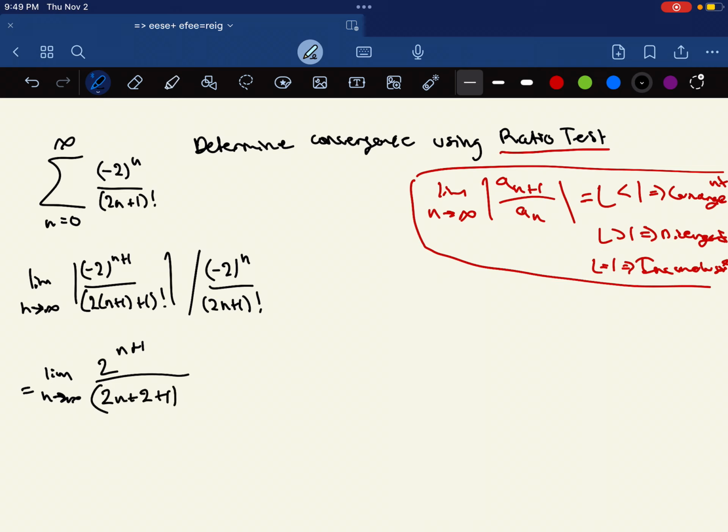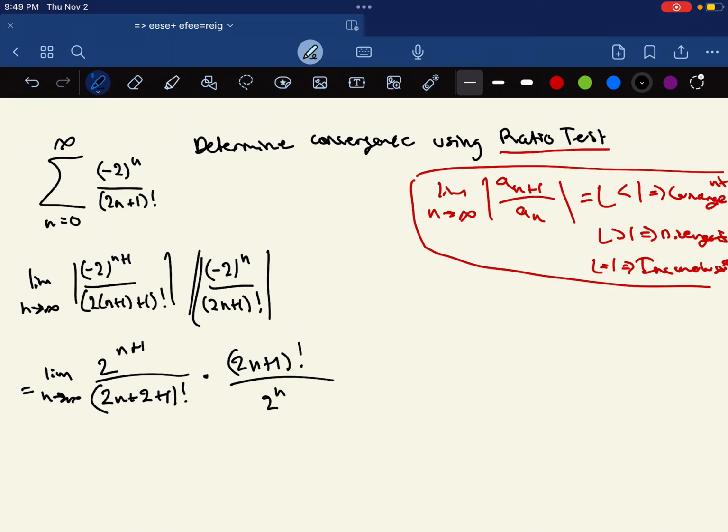I just expanded that bottom. Oh whoops, sorry, I forgot about the absolute value, that's 1, 2. Take the absolute value of the top right here. It's just going to be 2 to the n over, oh, I forgot that we're multiplying by the reciprocal here. Gotta put the denominator in the numerator and the numerator in the denominator.